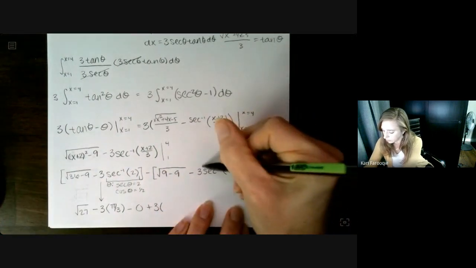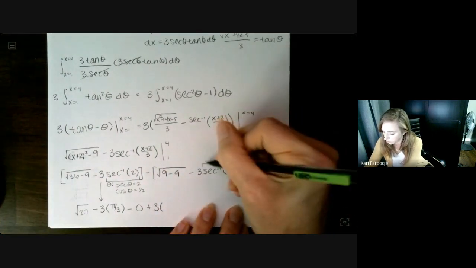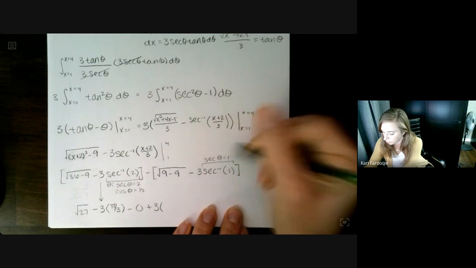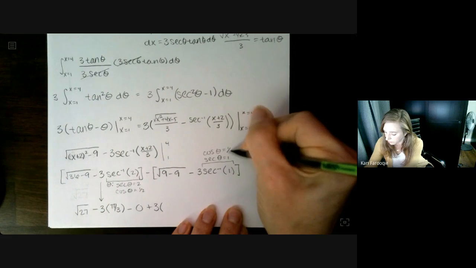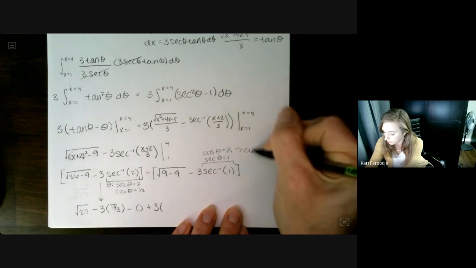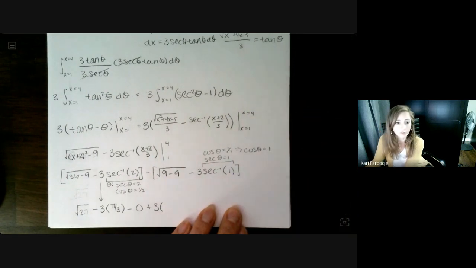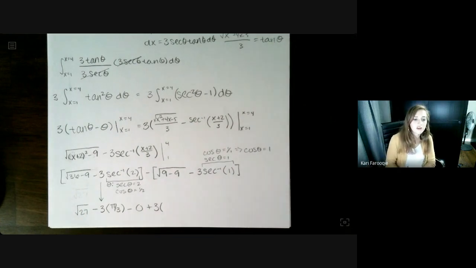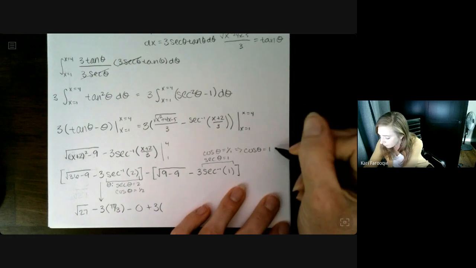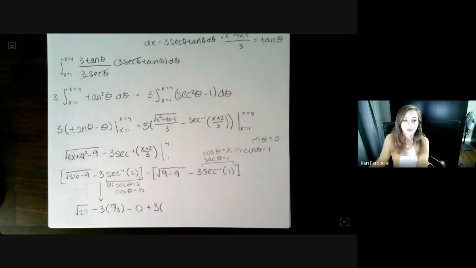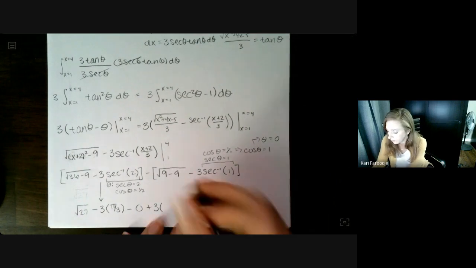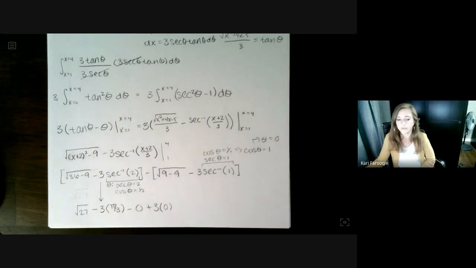Well, again, you're looking for an angle such that the secant of theta is 1. That also means the cosine of theta is 1 over 1, which is 1. The cosine of theta is 1 when theta is 0. So the cosine of 0 is 1. So your theta is 0.